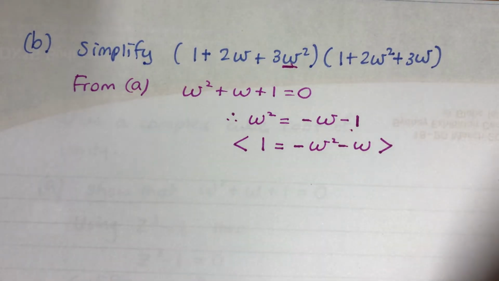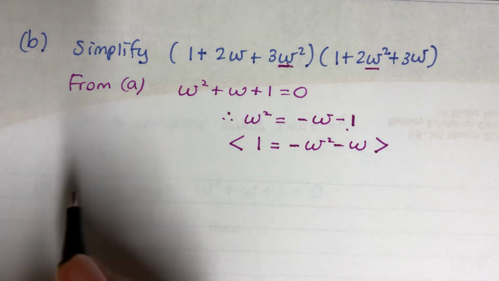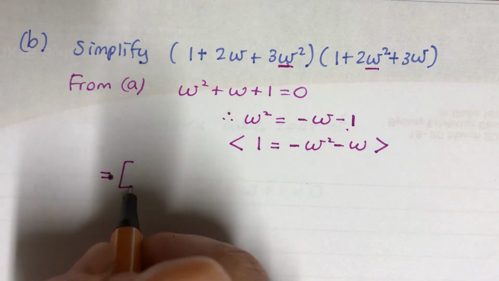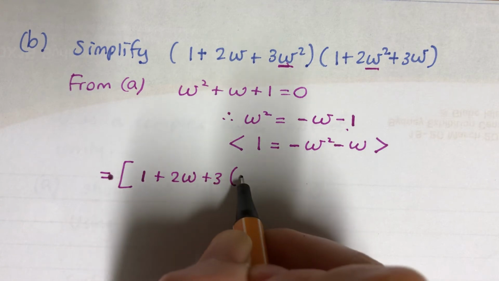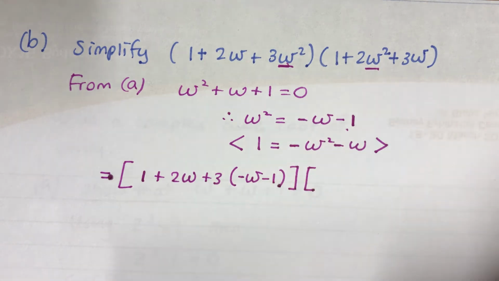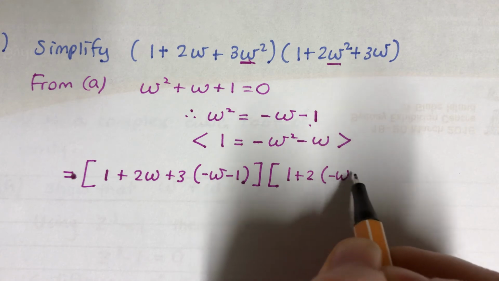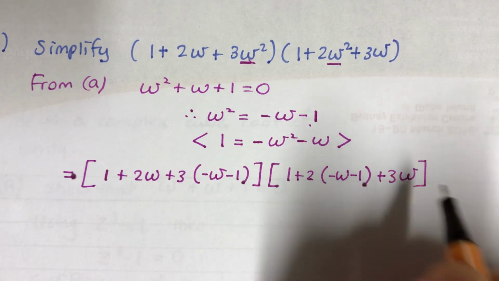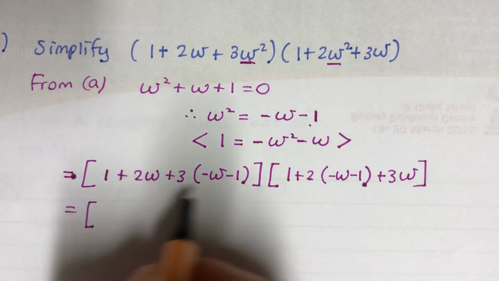Okay, so let's do that. So that equals 1 plus 2 omega plus 3 minus omega minus 1. Push up here. 1 plus 2 minus omega minus 1 plus 3 omega. Okay, so let's tidy it up a little. What do we get?